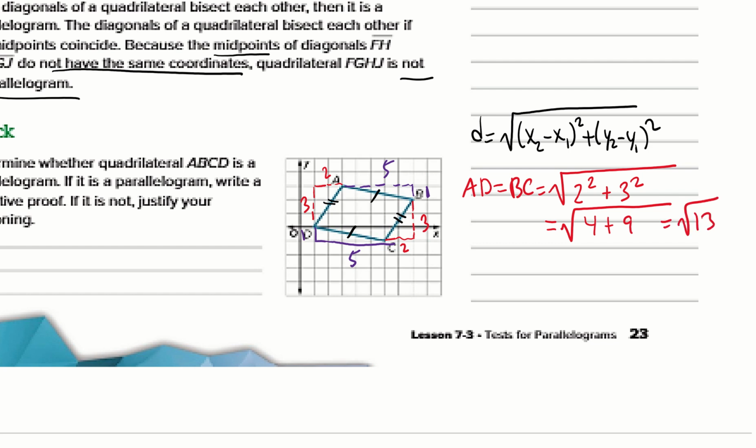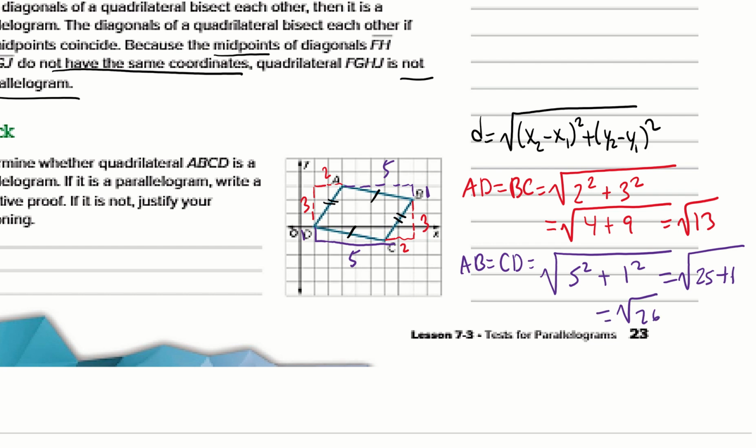Now let's do the purple one, which is AB, and AB should be equal to DC or CD because they're both 5, 1, 5, 1. So square root of the 5 squared plus the 1 squared. So we got square root of 26 because 5 times 5 is 25, and 25 plus 1 is 26.